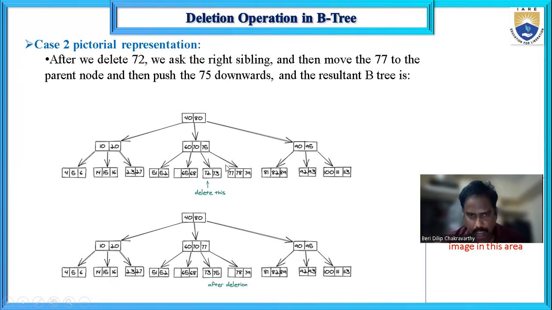Maybe I'm getting it from this one, so here I'll get 77. So we have 77, 75, 73. Whichever is the biggest, I'll send that one up. That means 77 goes upward and 75 comes here. So now it becomes 73 and 75. Okay, this is case two.